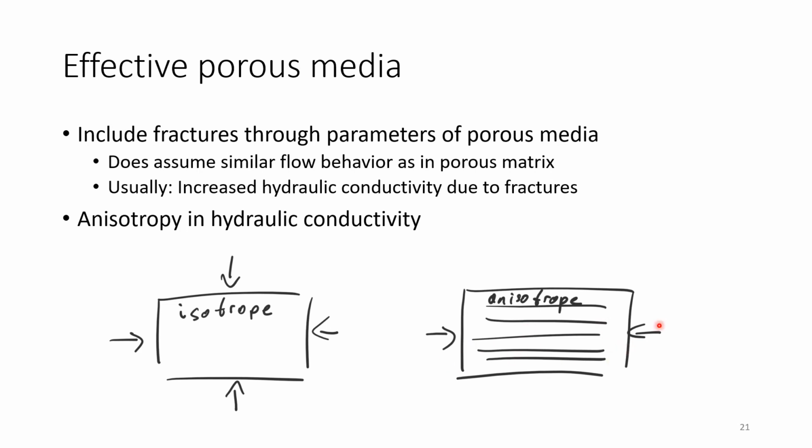So this could be some kind of layered media, or I have fractures as an example. That means here in this example, I would rather flow from left to right or right to left than I would flow vertical to it, right? And if I have a fracture, that's a reasonable assumption, because as I said, fractures usually do not allow, or have a reduced hydraulic conductivity, vertical to the fracture planes than inside the fracture.